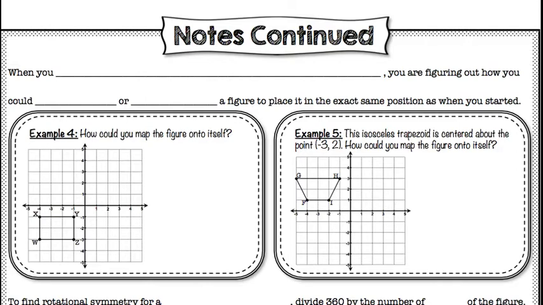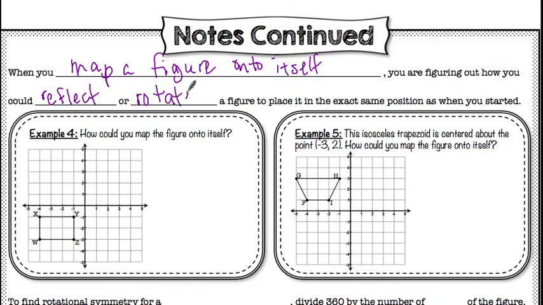When you map a figure onto itself, you are figuring out how you could reflect or rotate a figure to place it in the exact same position as when you started.